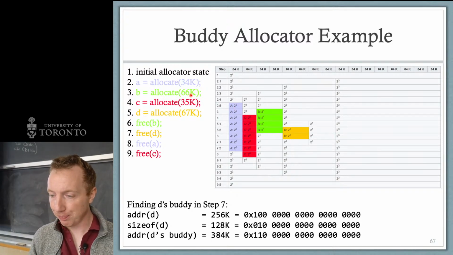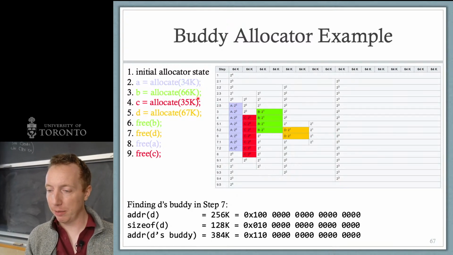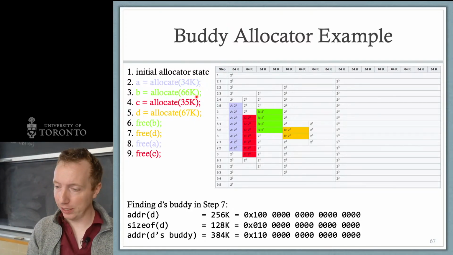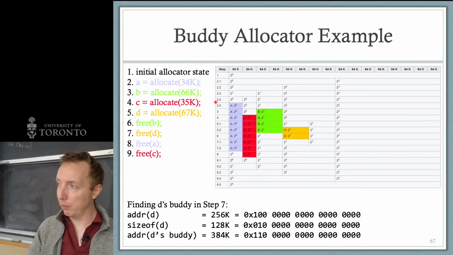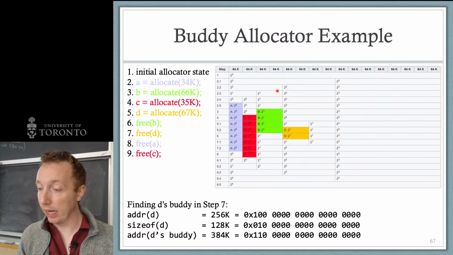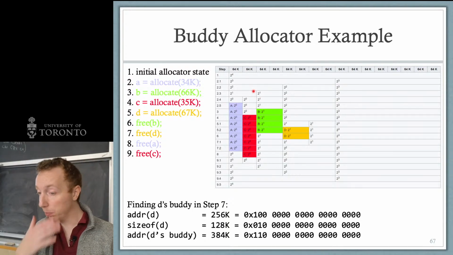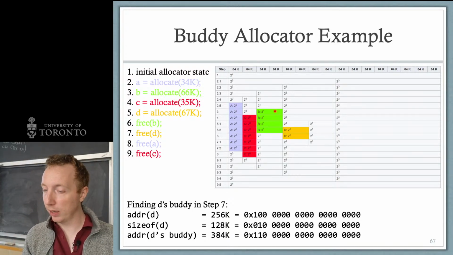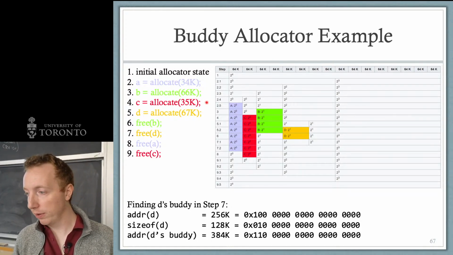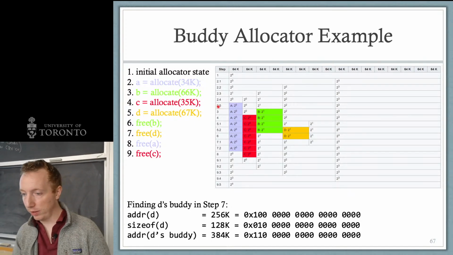Otherwise, if a B allocation came in for 66, we round up to 128. So we would scan and see that we have exactly a block that's 128, and we would use that for the allocation. Then if we allocate 35, we round that up to 64.